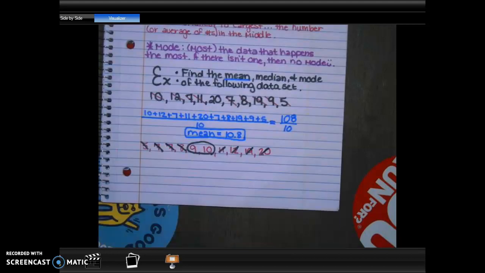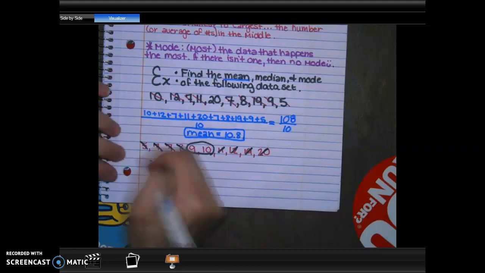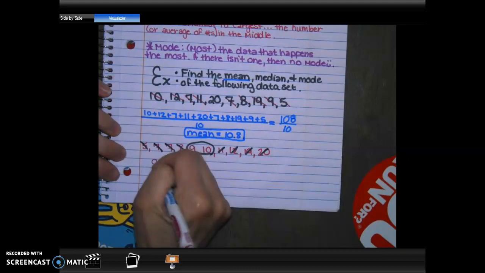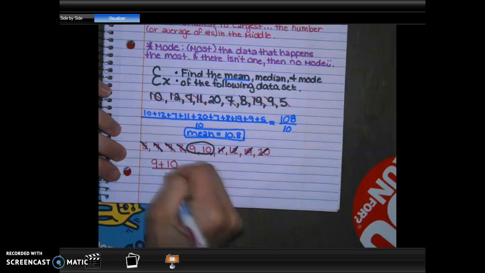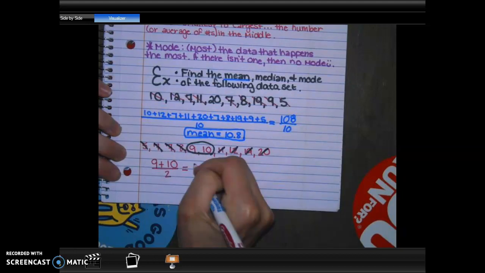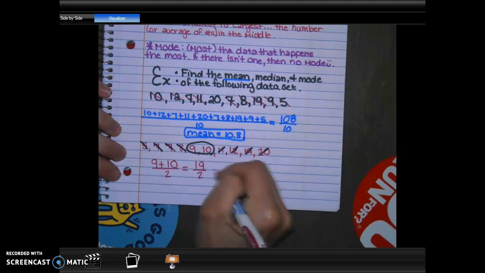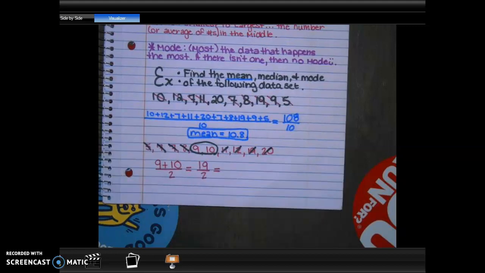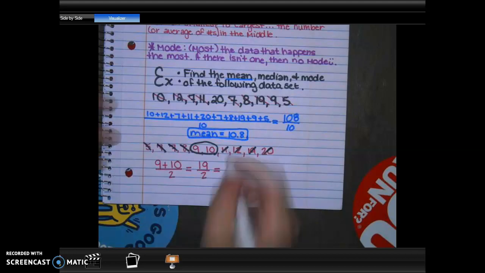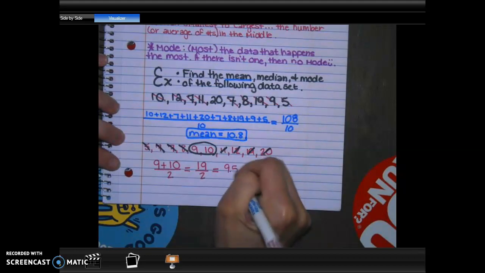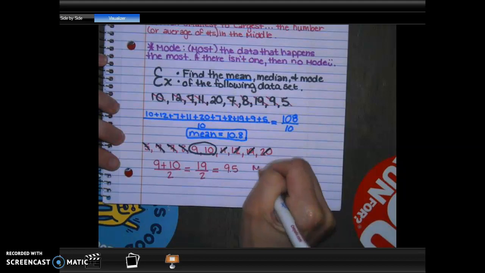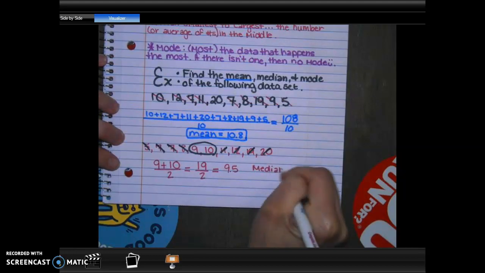But for this one here, since it's an even set of data, there's an even number, we're going to say, okay, well 9 plus 10 divided by 2, that gives us 19 divided by 2, which is going to give us 9.5, I do believe. Just checking, because my brain is on summer mode still. Yeah. So therefore, our median is 9.5.